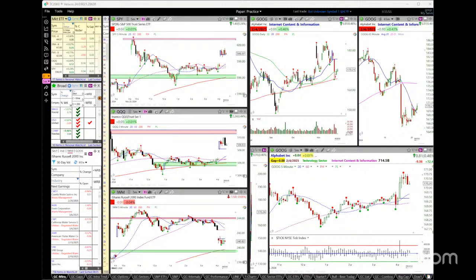Tesla call spread. I think I looked yesterday. 360 or above. Yeah, here you go, 362.